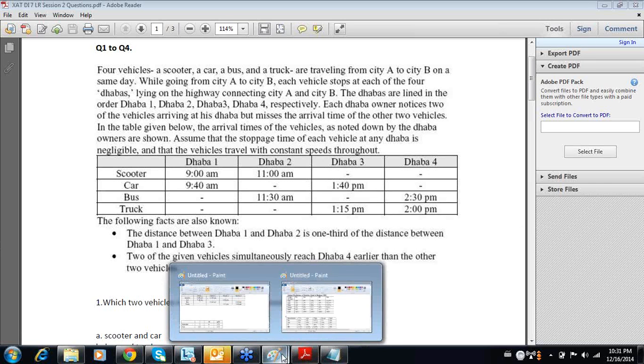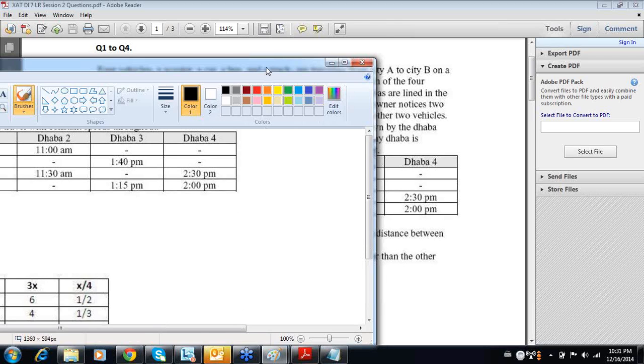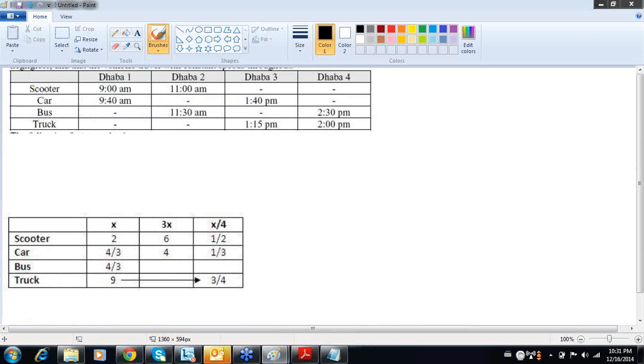So let us first see what this actually means. This distance is x, this distance is then 2x. This has been given. So if the time taken here is t, the time taken here will be 2t. Okay, this is confirmed.